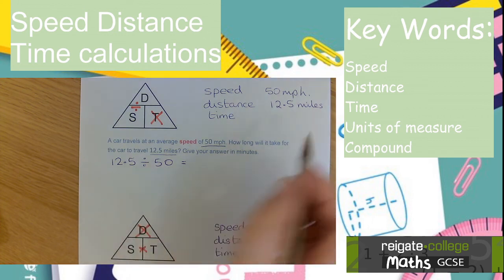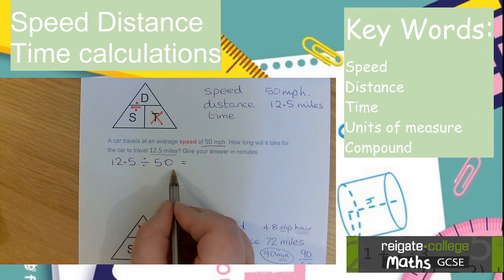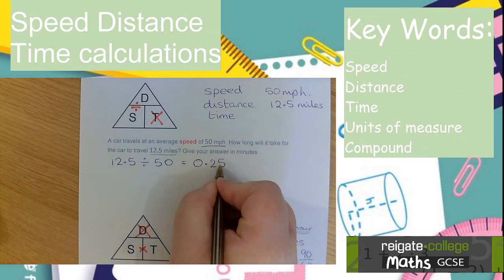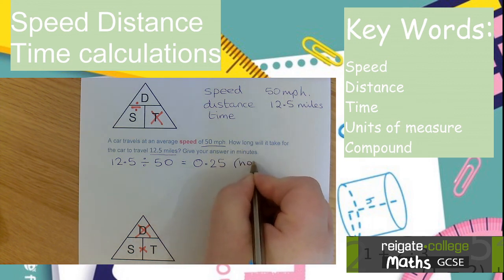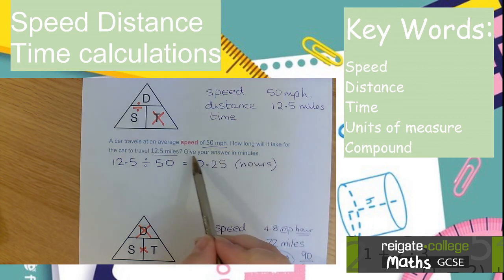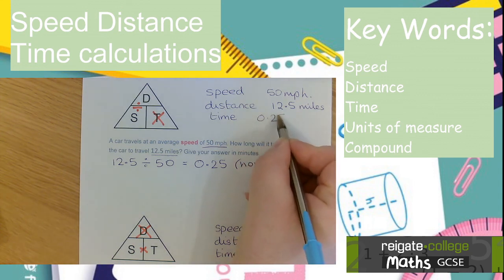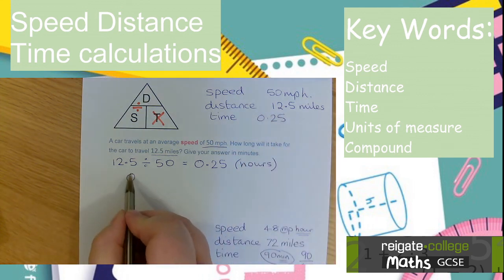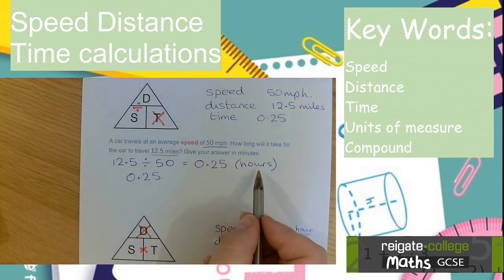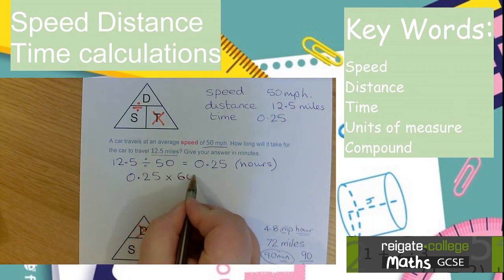The distance, as we've said, is 12.5 miles, which we want to divide by the speed, which is 50. Because that 50 is miles per hour, when we key in the calculation to our calculator and get 0.25, that is 0.25 hours. The question asks for the answer in minutes. So to convert 0.25 from hours to minutes, we multiply by the number of minutes there are in a whole hour.